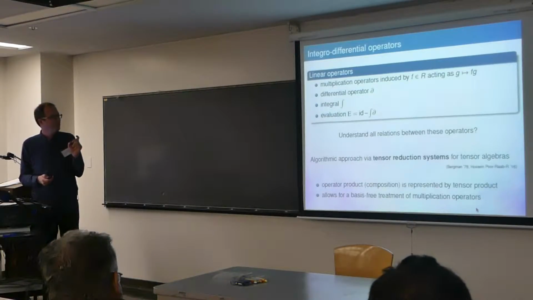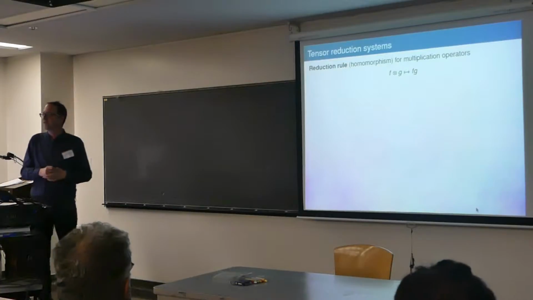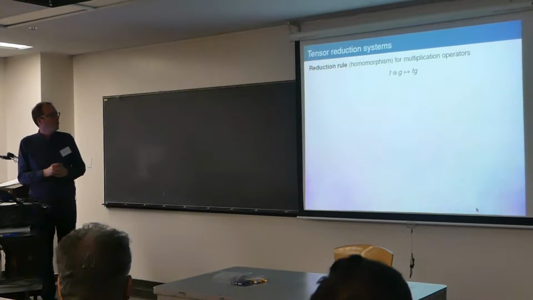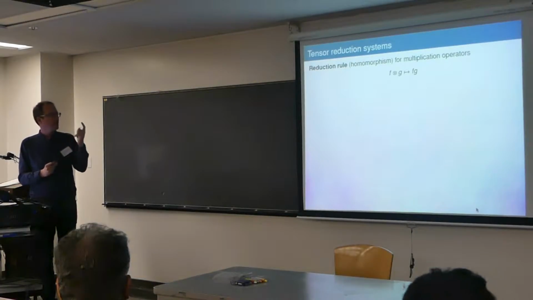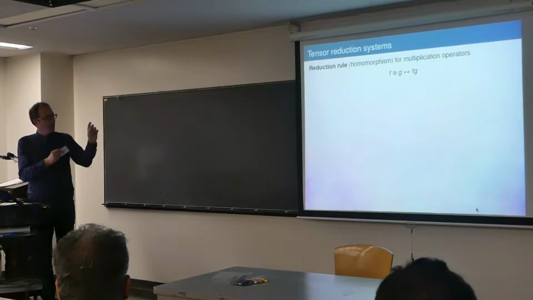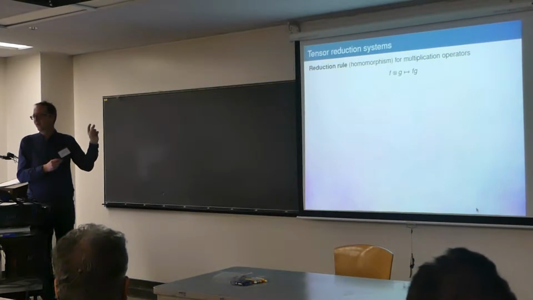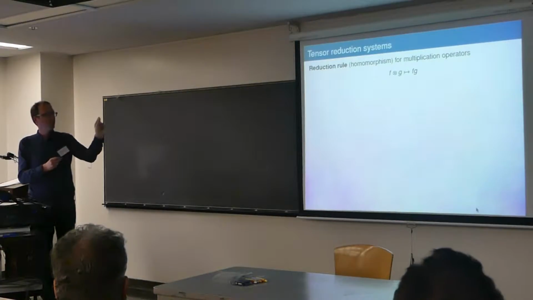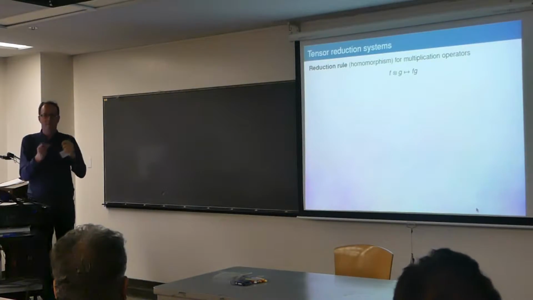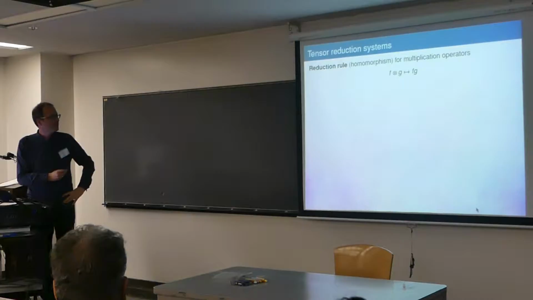Okay, I try to do now in one slide a very informal introduction and description about tensor reduction systems with the simplest operators that we are treating. So, of course, if you have two multiplication operators, G means multiplying by G and F multiplying by F, and the composition of these two operators, which is then a tensor of length 2, can be reduced to a tensor of length 1 by just multiplying by the product of these two elements.